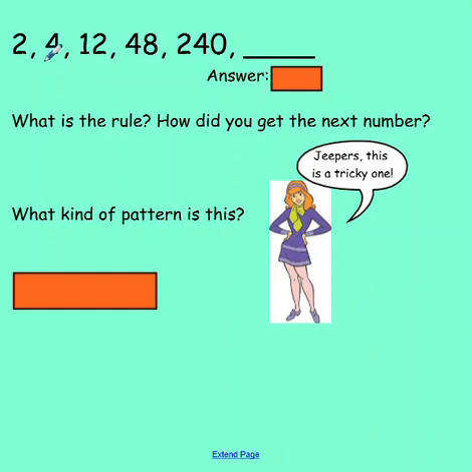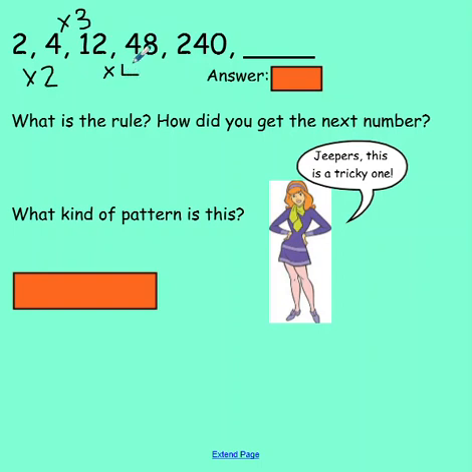What about multiplying? If I multiply this by 2, can I multiply this by 2? No, that doesn't work. Do you see the pattern yet? 2 times 2 is 4. 4 times 3 is 12. Is this times 2 or times 3?